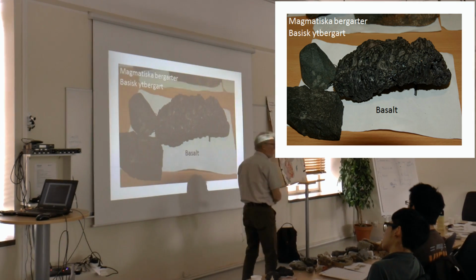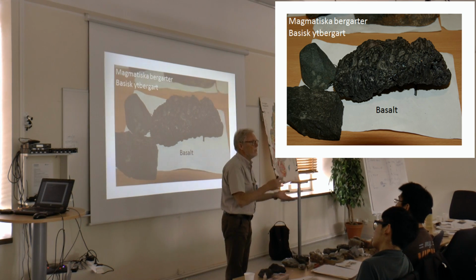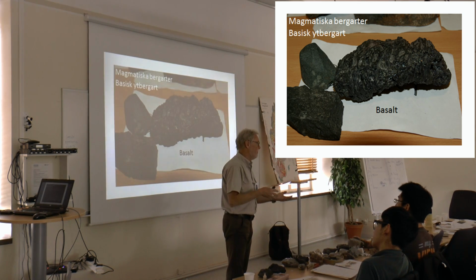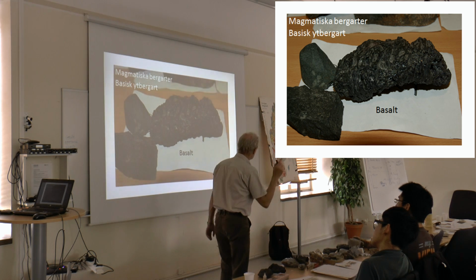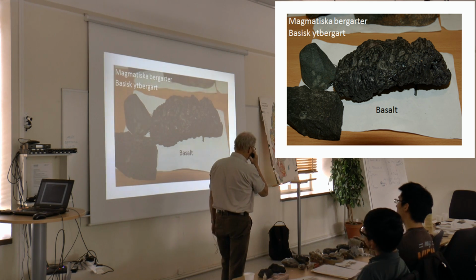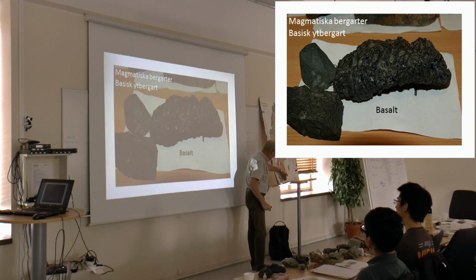Then we started, some organisms always survive. So far, we have had this. This is not completely dead, but we have a lot of this. So this is very interesting to see. We can see them here because we had a lot of volcanic activity down in the south of Sweden.